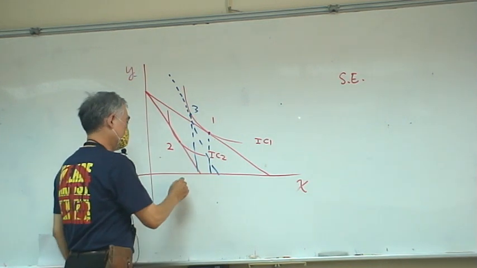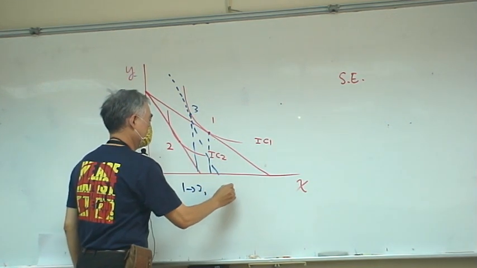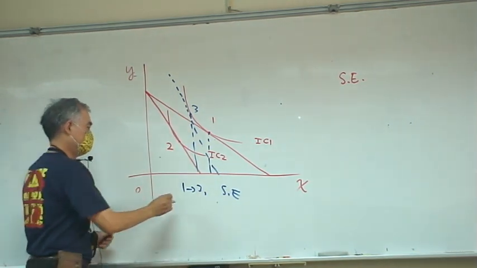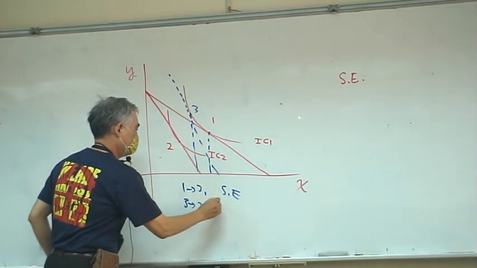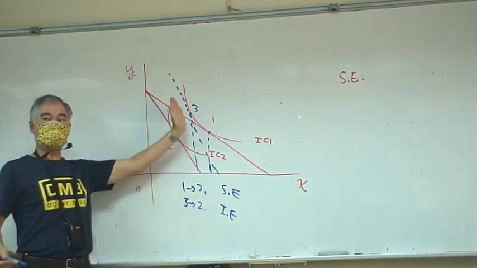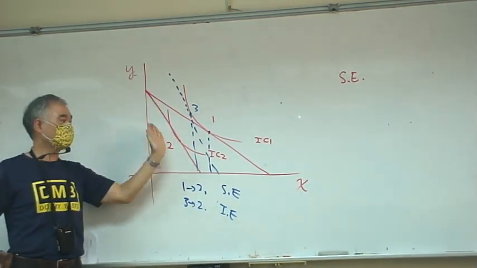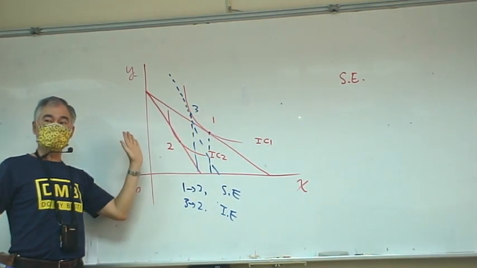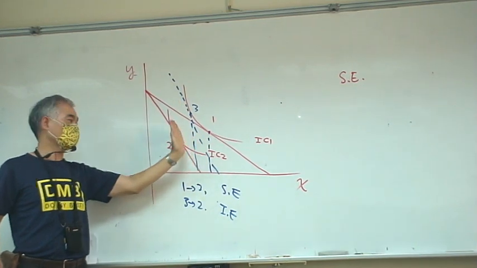So 1 to 3 is substitution effect. And 3 to 2 is income effect. Why? Because the price level is the same, but income is different. Here you get higher income, here you get lower income.